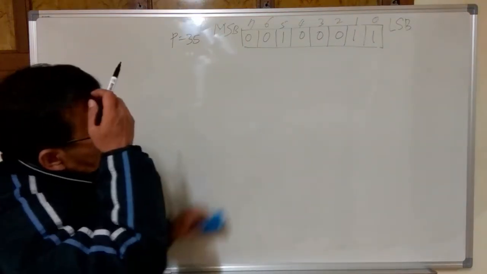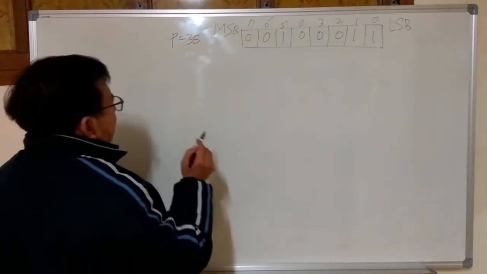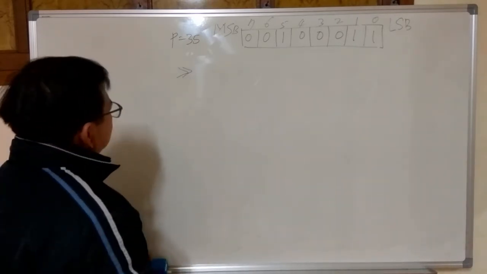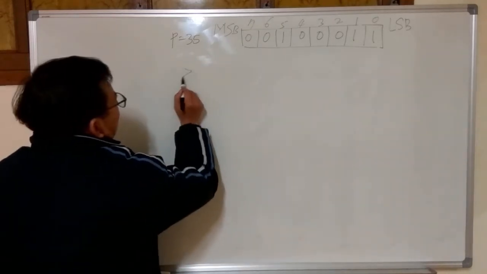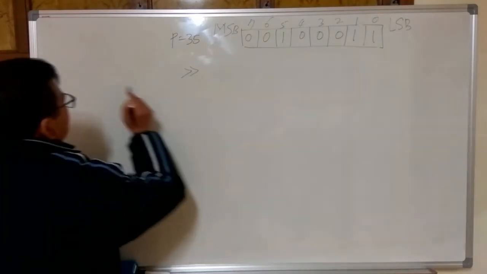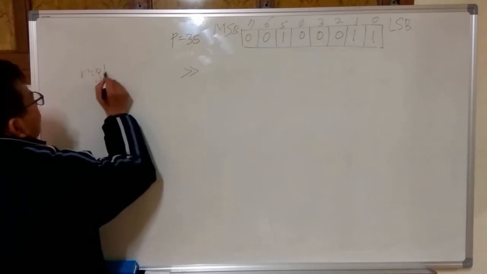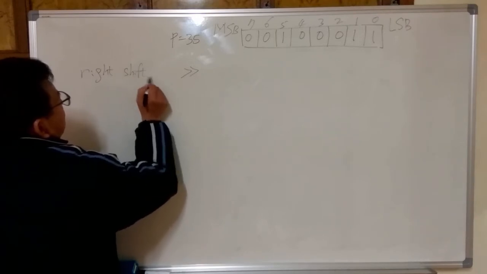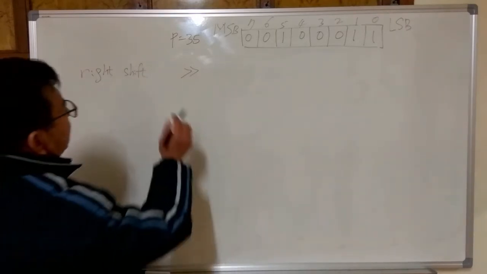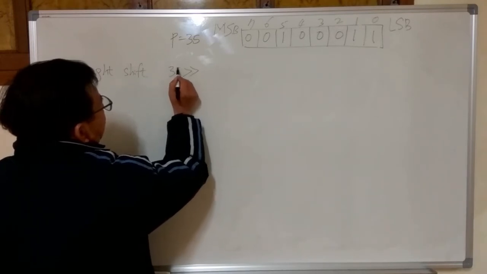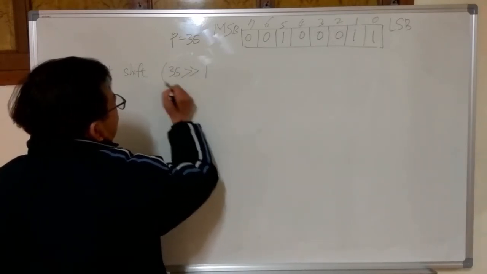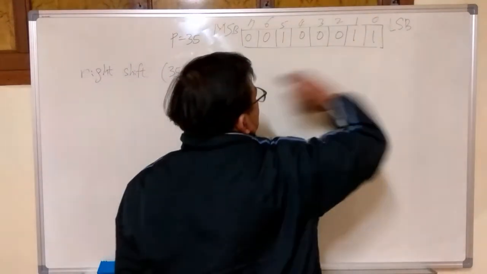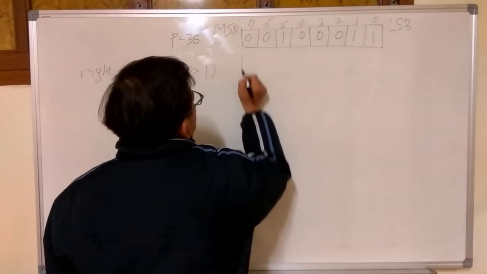Now I am talking about the shift operation. In C and C++, there is an operator like this. This is called the right bit shift operator. If we apply it to number 35 with 1, this operation means we shift every bit to the right hand side by 1 bit, and then it becomes like this.